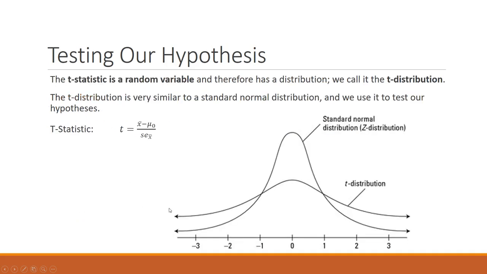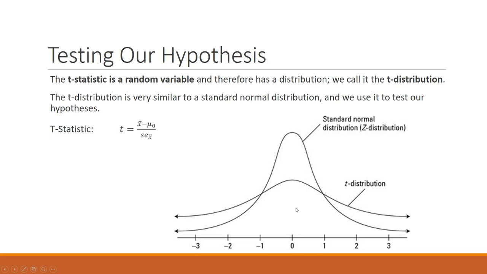All right. Now I'm going to hit you with another distribution, and I'm sorry. A t-statistic is another random variable, and therefore it has a distribution. We call it a t-distribution. A t-distribution is very similar to a standard normal distribution, and we use it to test our hypotheses. So here in this graph, I just kind of demonstrate a standard normal distribution, just like the one we saw earlier.